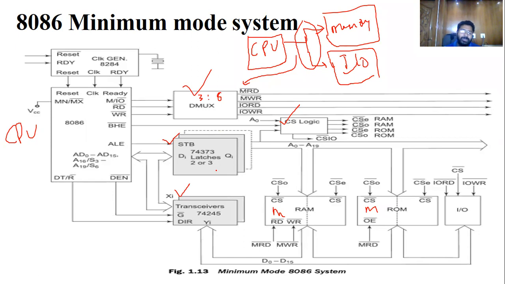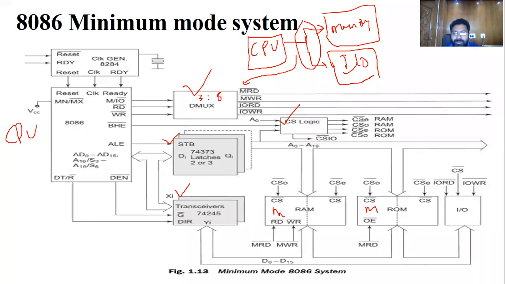For address purpose you require three different 8-bit latches. So this DMUX is used to connect the memory and the input output devices. It will separate whether the CPU is connected to the memory device or to the input output device. So these latches are helpful for converting the address to the data buses.